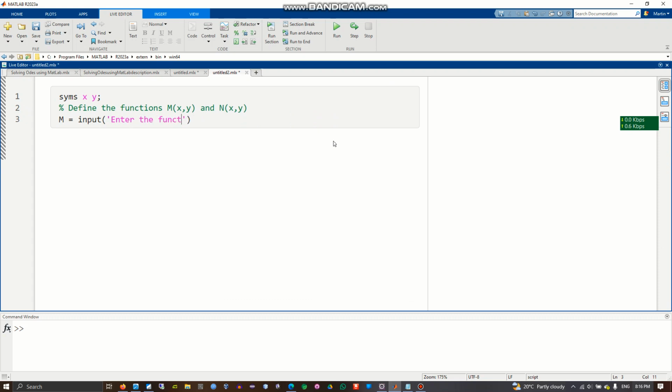Enter the function M(x,y). Also for N, let's get an input. Enter the value of N.